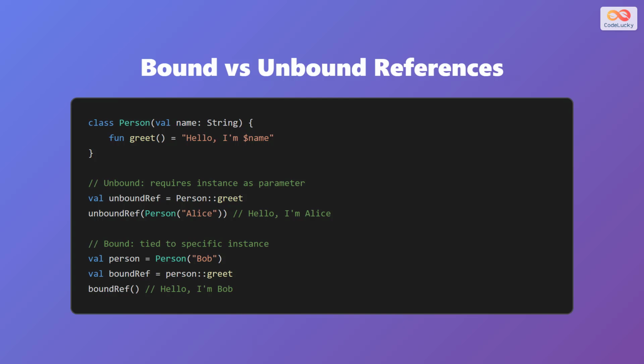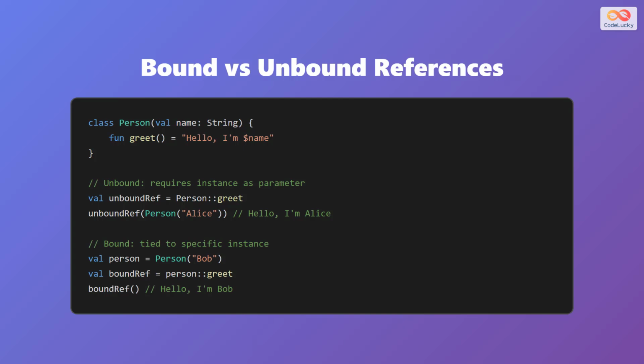Understanding the difference between bound and unbound references is crucial. An unbound reference is tied to a class rather than a specific instance, so when you call it, you must provide an instance as a parameter. For example, Person::greet creates an unbound reference that requires a Person instance when invoked. In contrast, a bound reference is tied to a specific object instance.